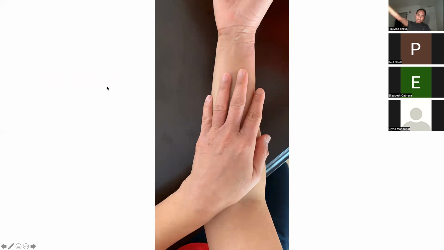So if you stretch your right arm and if you put your left hand on the flexor surface of the forearm, yeah, so now you have done it.